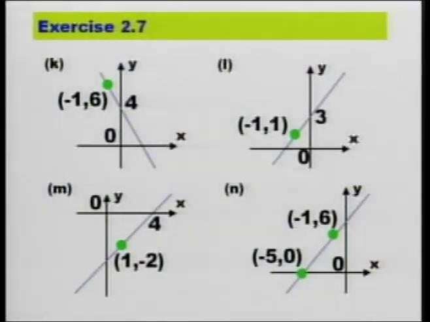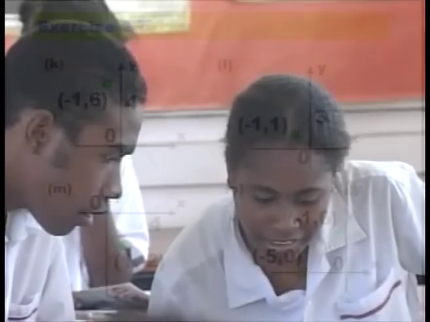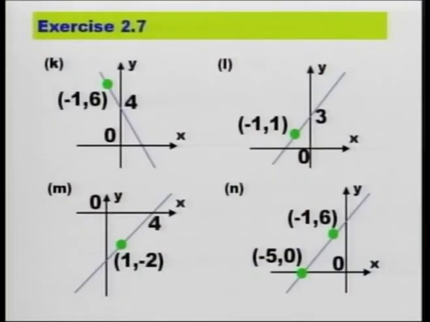Is that correct? 4 plus 2 is 6. I thought the gradient is supposed to be 6. 4 minus negative 2 is 6, 0 minus 1 is 1.